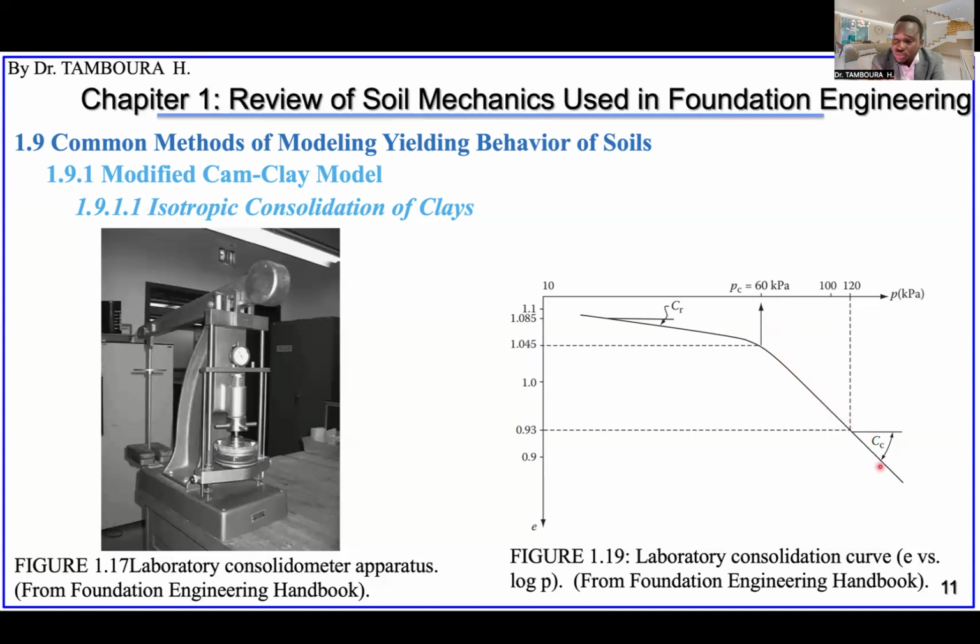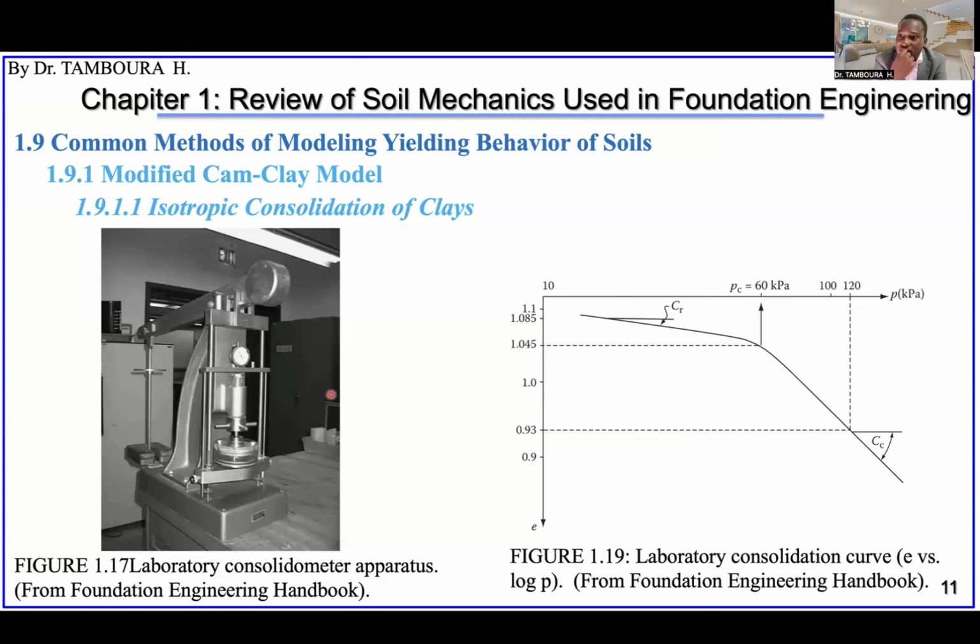This is normal, because here the settlement is very gentle. You see the slope is gentle, very small, because the soil has experienced this type of stress already in the past.